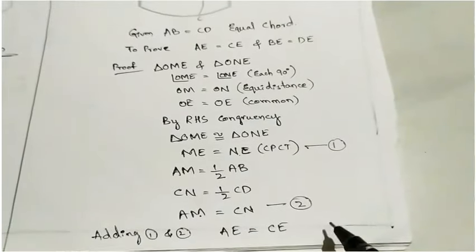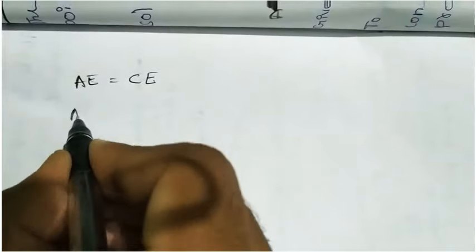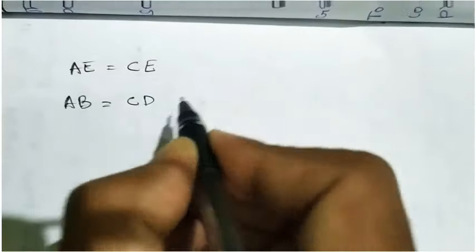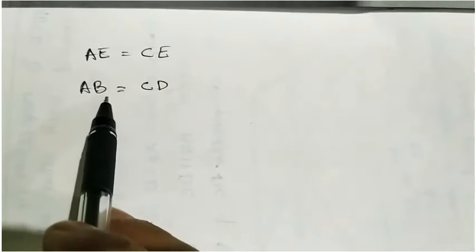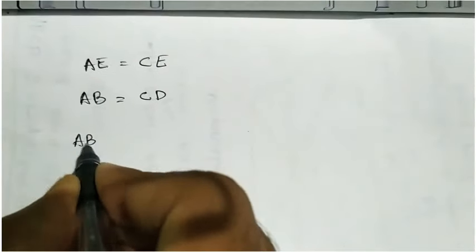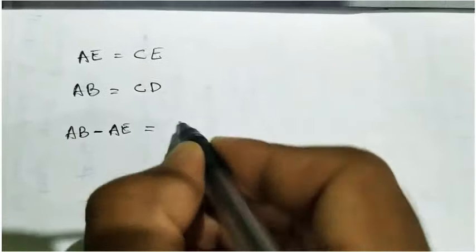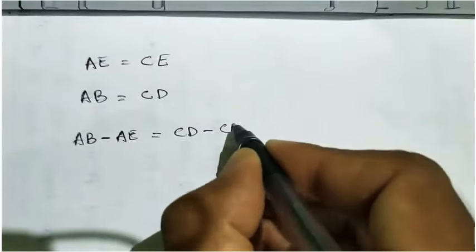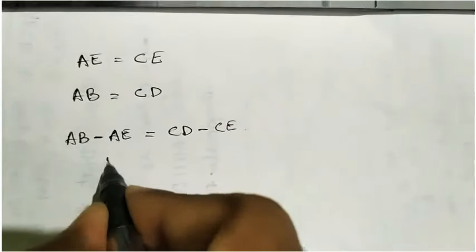Another thing: we already have AB equal to CD. Now we got AE equal to CE, so just subtract from AB and CD. That is AB minus AE equal to CD minus CE. If we remove AE from AB, what is left?